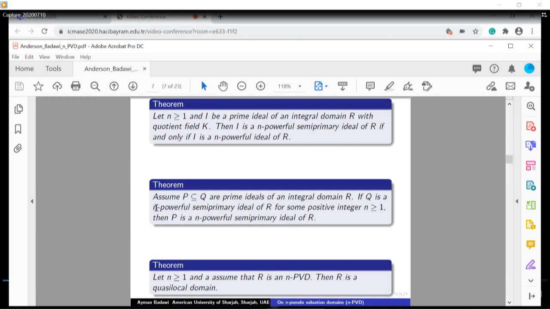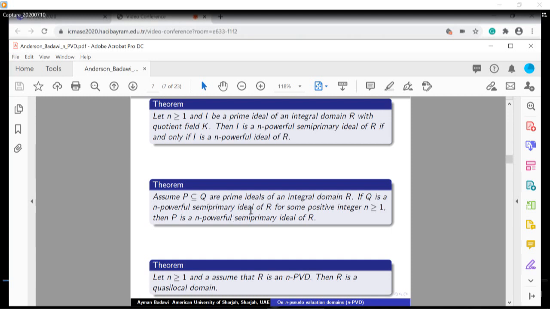And definitely remember that from this result, it's enough to say that Q is an n powerful ideal, because n powerful semi-primary and n powerful ideal are equivalent when your ideal is prime. So in street language, if the bigger prime is n powerful, then the smaller one is n powerful. So what you conclude then, you only need to show that an integral domain is an n pseudo-valuation domain.